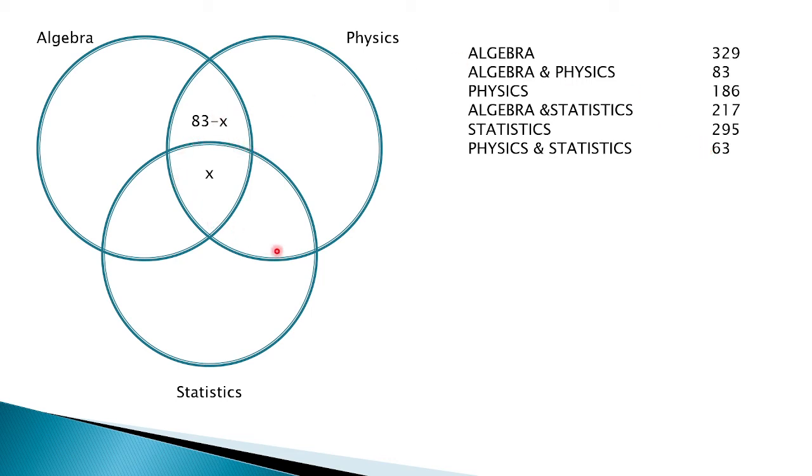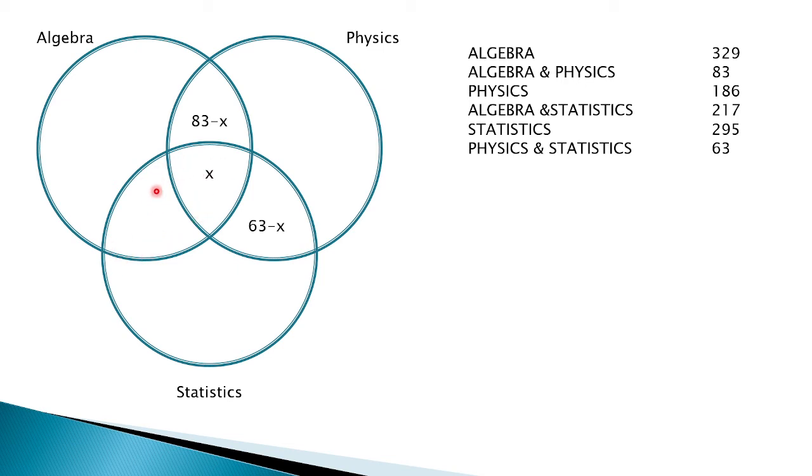Itong buong to. So, if you want to take only this part, then that is 63 minus x naman. Next, we have students taking algebra and statistics. So, ito yon, the intersection of statistics and algebra, itong buong to.